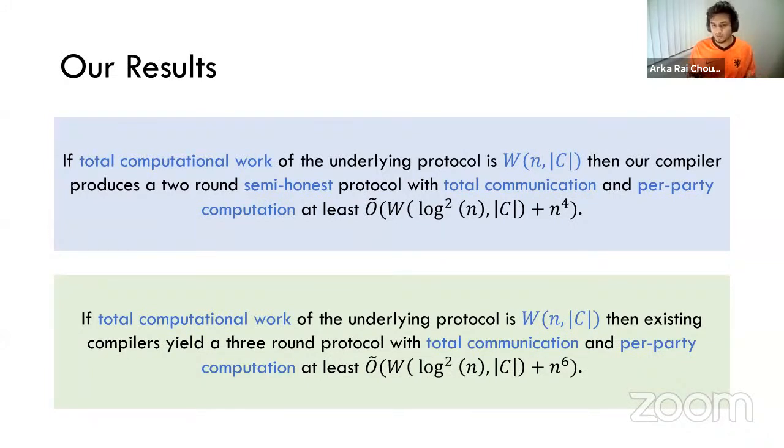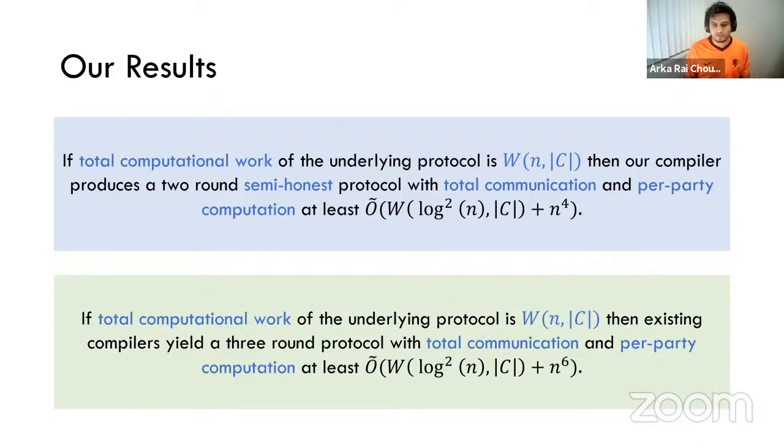And in fact, the work now depends only on the polylog of the number of parties rather than on the number of parties itself. And in the malicious setting, we get a 3 round protocol, not a 2 round protocol, where the additive overhead is slightly larger, but there's no multiplicative overhead.